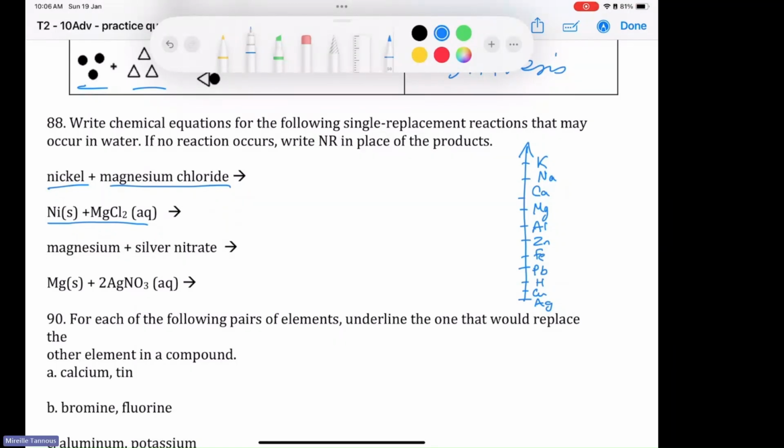Let me get a table with nickel just to locate the nickel. So here's one. Nickel comes below iron.